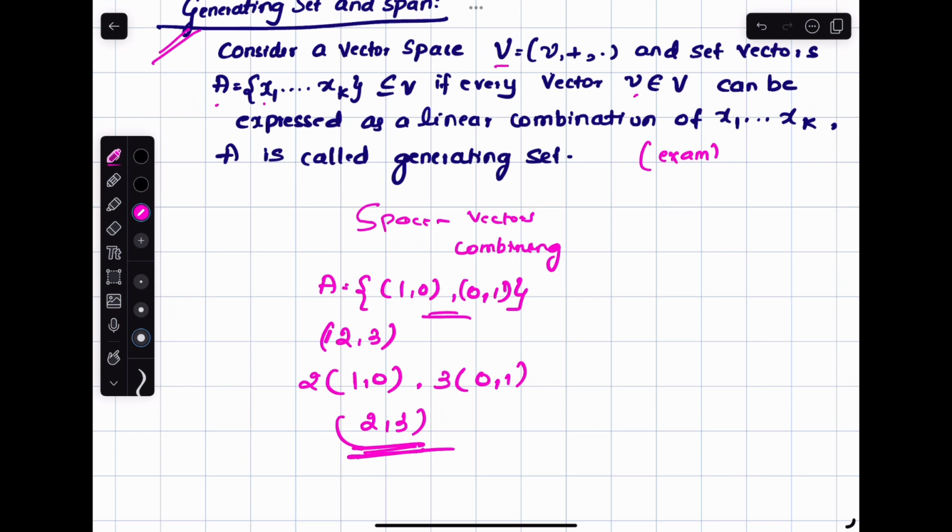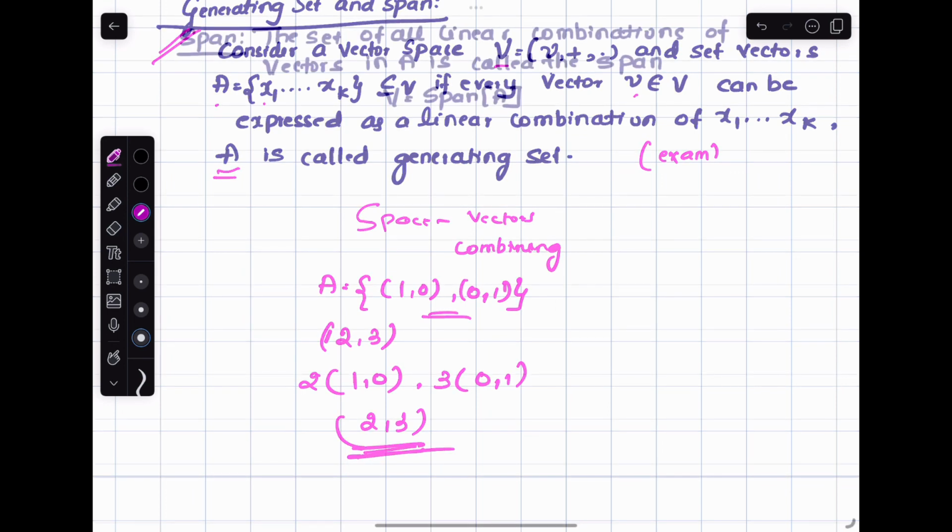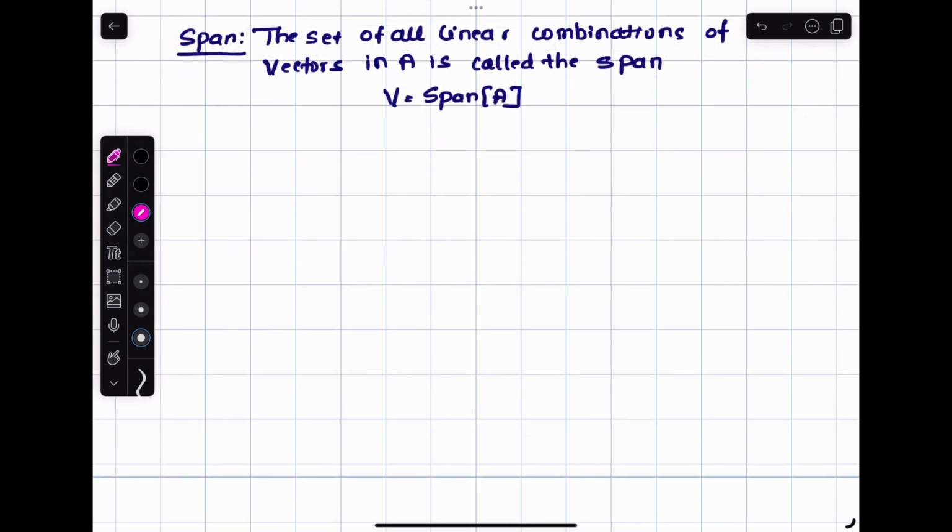If I say in simplified form, it is a collection of vectors that can be combined to make every vector in the space. The next topic is about the span. The definition is: the set of all linear combinations of vectors in A is called the span, and it is denoted as V equals span of A. So the span of a set of vectors is all the possible vectors that you can create by combining those vectors in different ways.